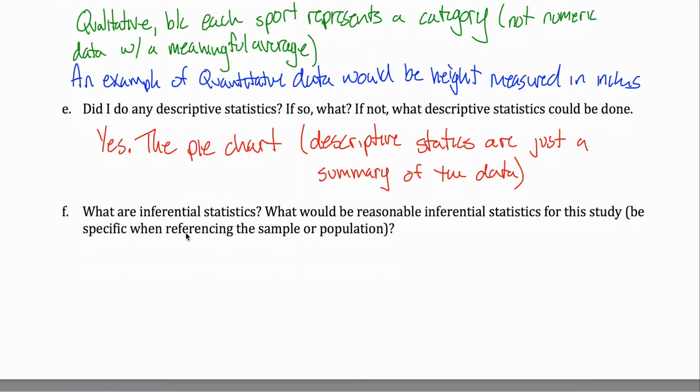All right, last one. What are inferential statistics? Inferential statistics is a fancy word for your conclusion. The conclusion is the inferential statistics.